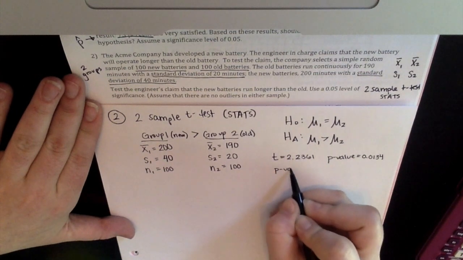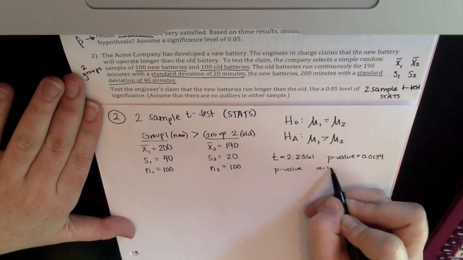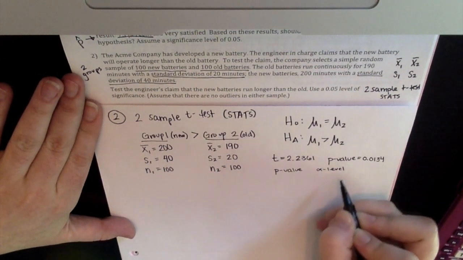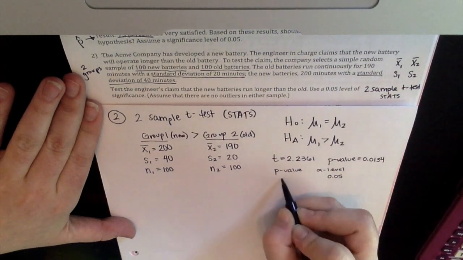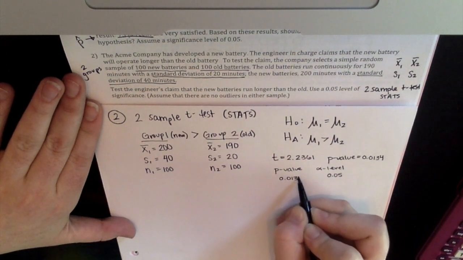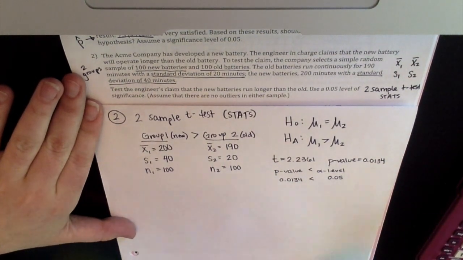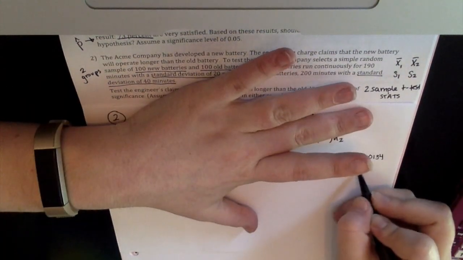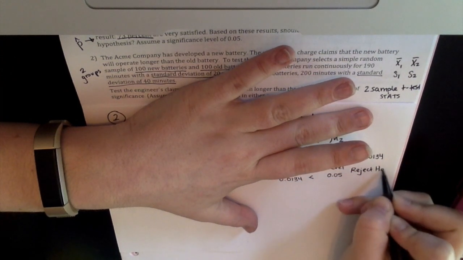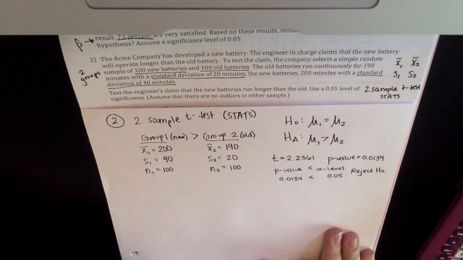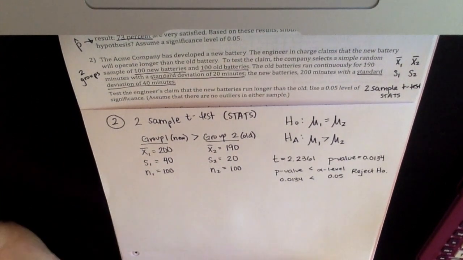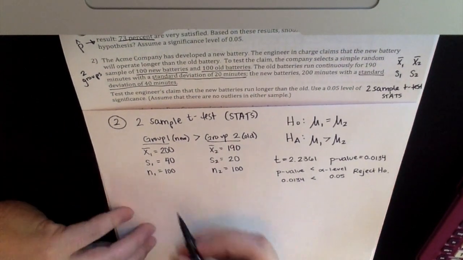So I'm at this step where I compare my p-value to my alpha level. So 0.05, and my p-value is 0.0134. It's now less than alpha, which means we get to reject the null. Okay? If we do that, then we do have evidence. Our experiment was successful.